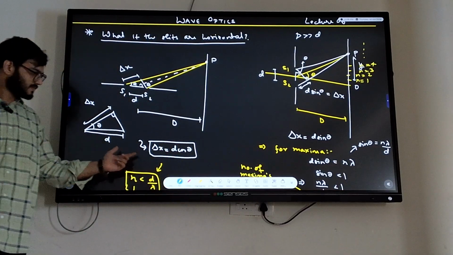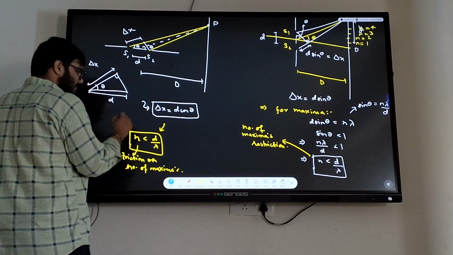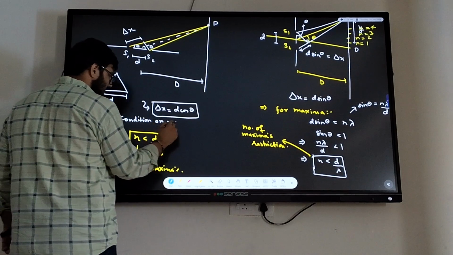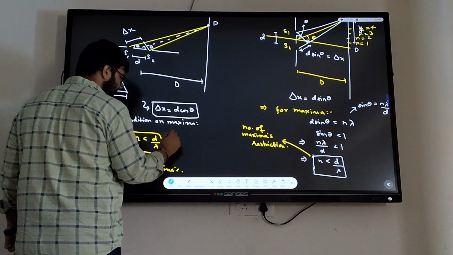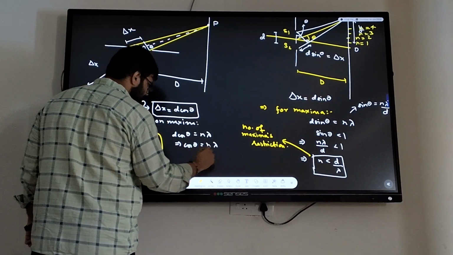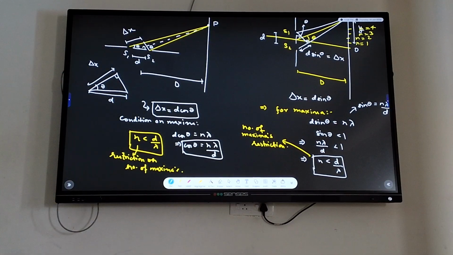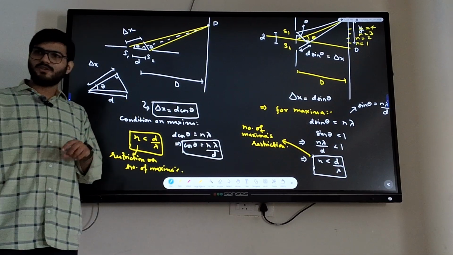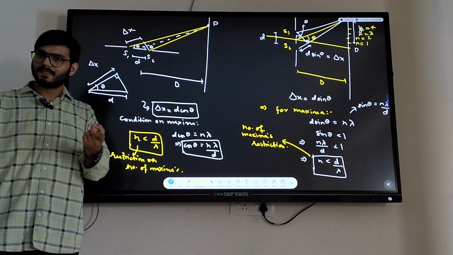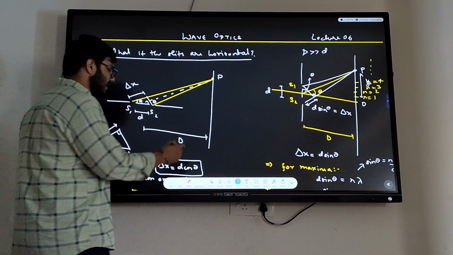What about here? If I write the condition, what should be the condition on maxima? d cos theta should be equal to n lambda, and then cos theta is equal to n lambda by d. But now how does the cos go? It's a decreasing function. So that means as you go away from theta equal to 0 value, your n value decreases. So what is the value which is closer to theta equal to 0?